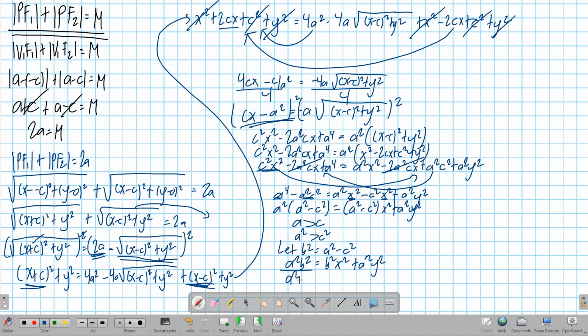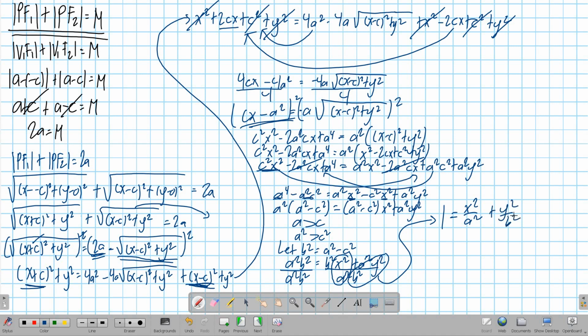We now divide both sides by a squared b squared. What we're going to have is this a squared b squared becomes 1. If we divide this, b squared gets cancelled here, and this is what remains. If we divide this here, a squared gets cancelled, and this is what remains: x squared over a squared plus y squared over b squared.